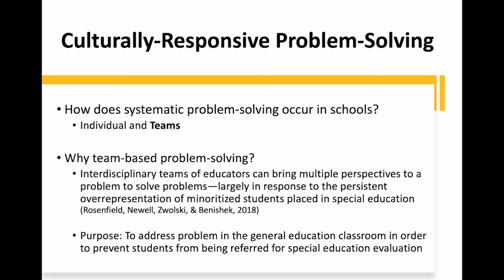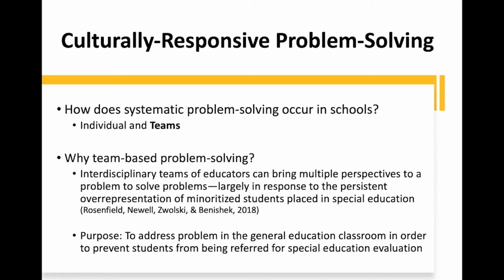We can even go back to compulsory attendance and start to see how minoritized students were being excluded from educational settings. But as we formalized special education in 1975, we started to be able to more specifically track that data and understand that minority students were being overrepresented in special education.